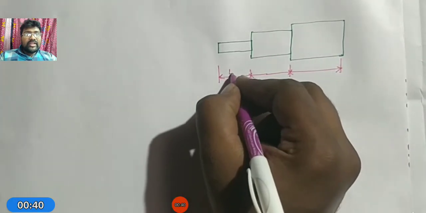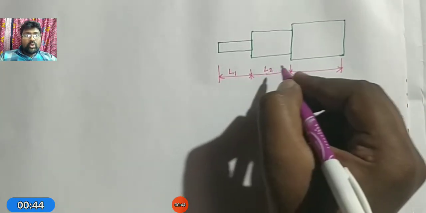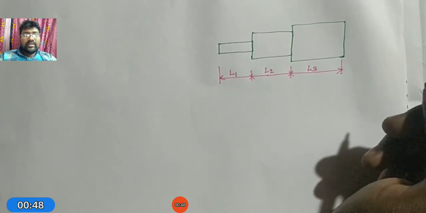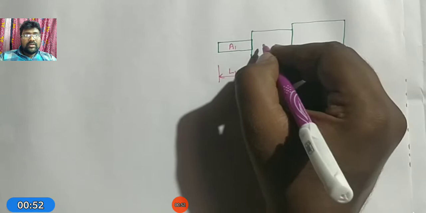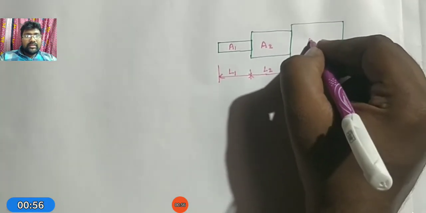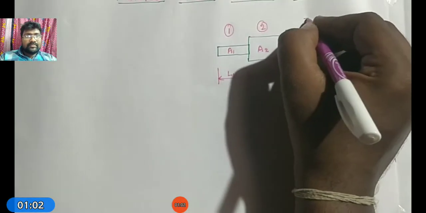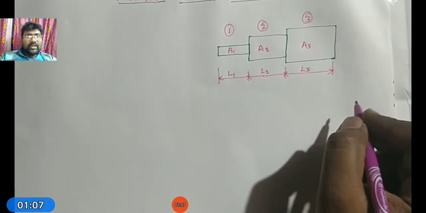It consists of three different lengths, that is L1, L2 and L3. Similarly, areas A1, A2 and A3.